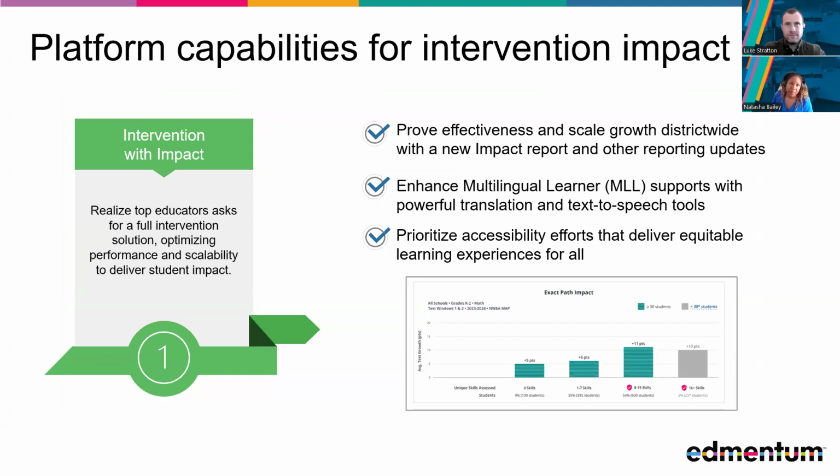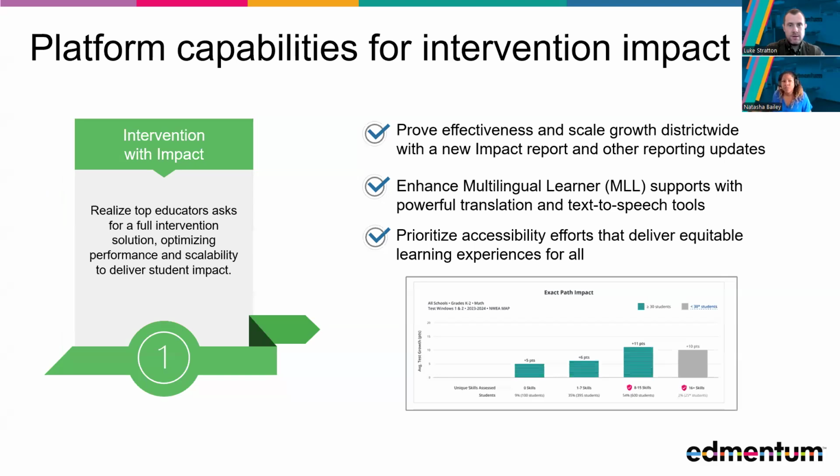So with the impact report, what this is helping you to do is combine your students' NWEA MAP assessment results, as well as all of the growth, all of the progress that you're seeing within ExactPath. And it's pushing them together to give you an answer in terms of the positive impact that your students are having in terms of their personalised learning.